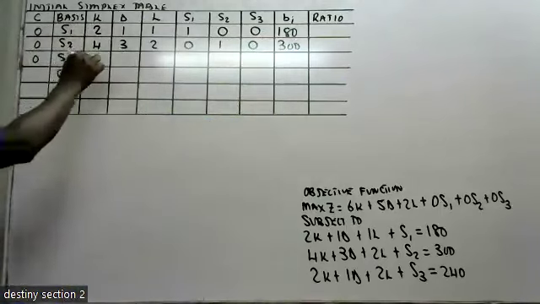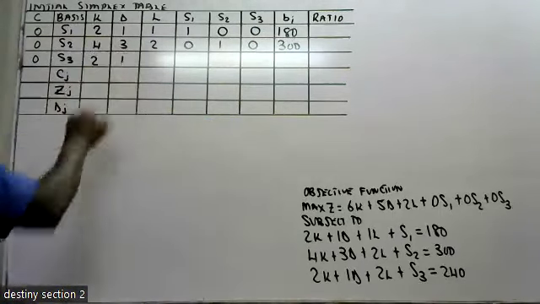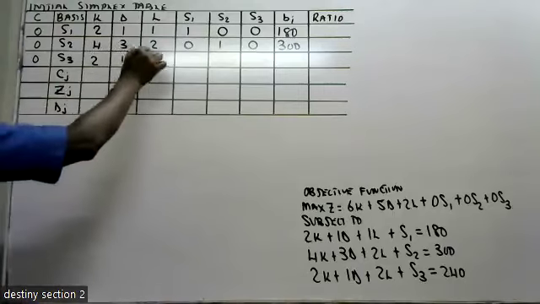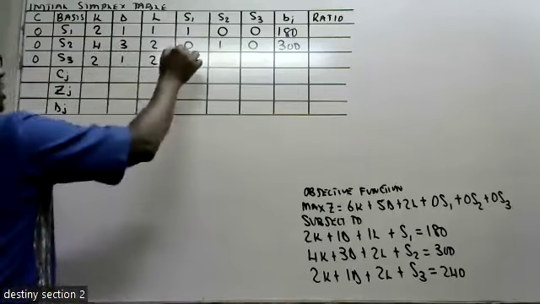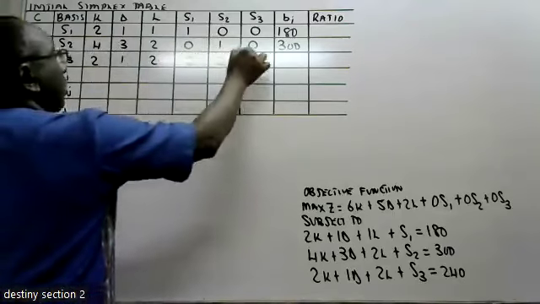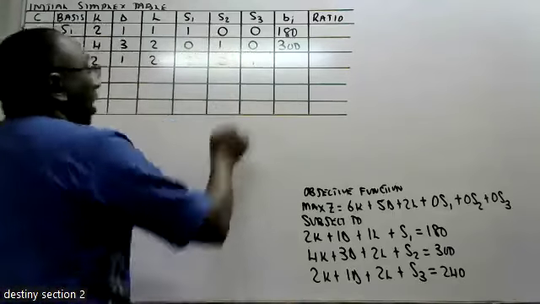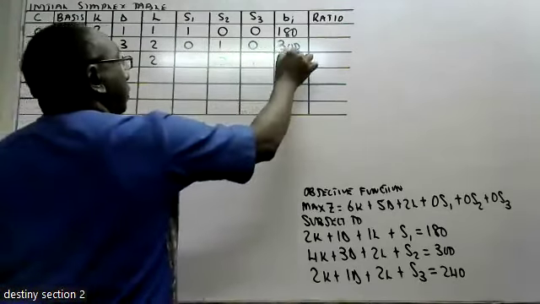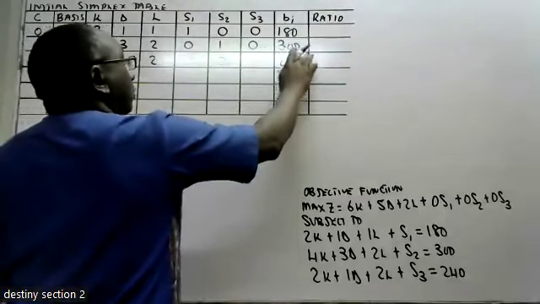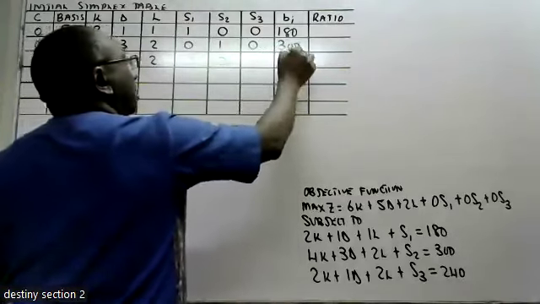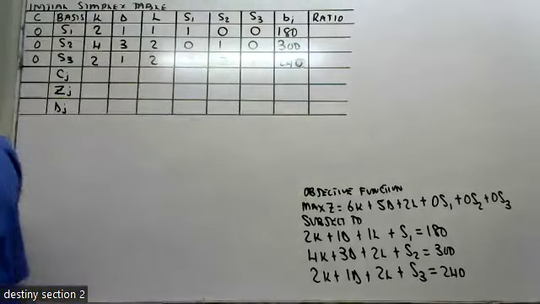Then we have 2 here, 1, 2, this is 0, this is 0, this is 1, and this is 240. I hope you're able to see that.